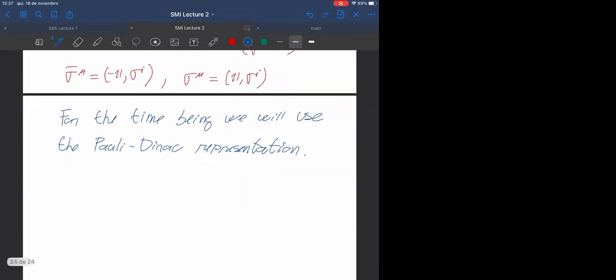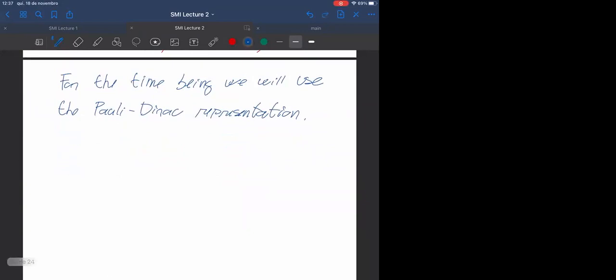So let's go back to Dirac's equation, and let's write it again here: i gamma mu d mu minus m psi equal to 0. Just to have things in front of us. Now we know that this psi is a 4-component spinor.